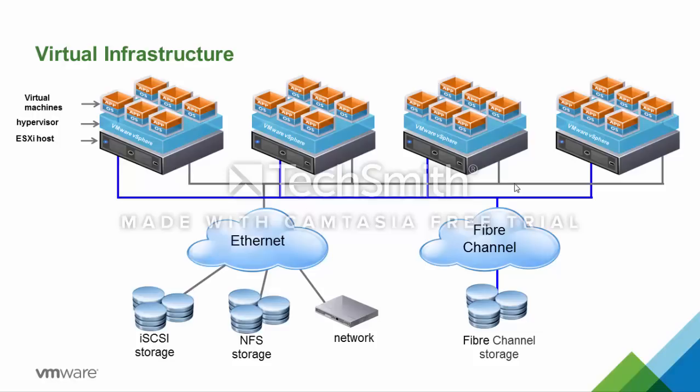So then we build these things called a virtual machine. Now, where things change compared to the physical model is, instead of installing an operating system and an app, now we create a virtual machine.